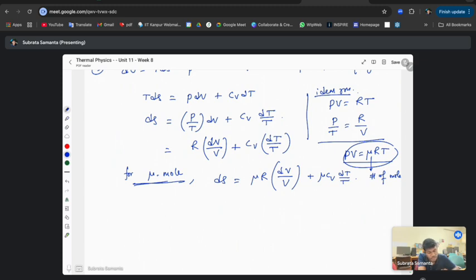But in the given problem, the temperature is constant. So if temperature T is constant, which implies that dT equals 0, right?